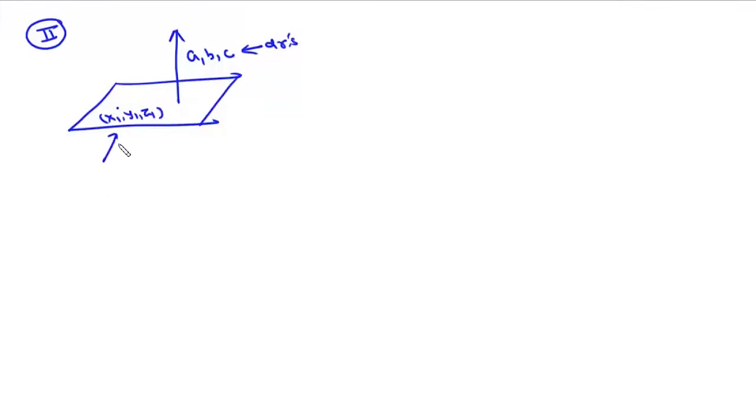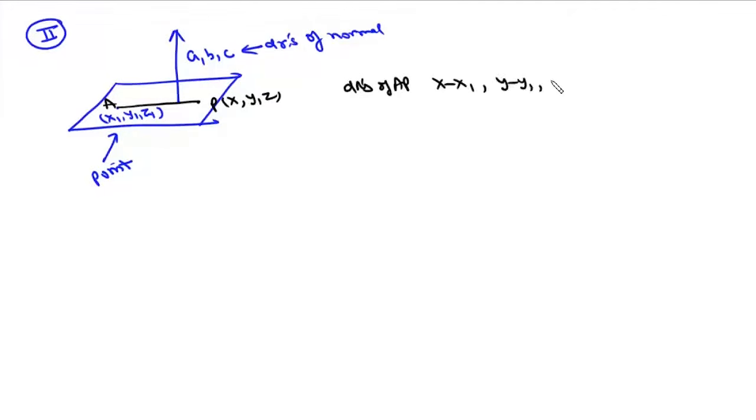So what we are given is, we are given a point and direction ratios of normal, and we need to find equation of this plane. Now any general point on this plane will be given by this x, y, z. Now we can define this vector as this AP, and direction ratios of AP, they are x minus x1, y minus y1 and z minus z1, and direction ratios of normal, they are a, b and c.